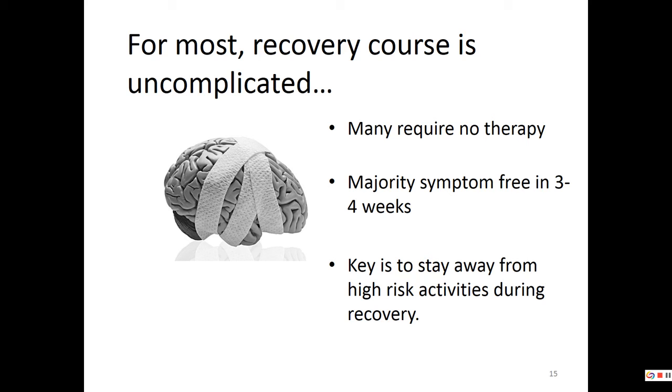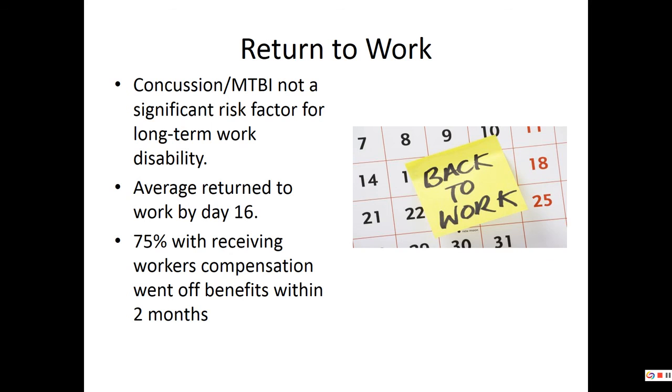And as the literature is continuing to come out, we know that there are changes and there are risks to having repetitive concussive and subconcussive blows to the head, and what that does to the brain neurologically and long-term. So returning to work, whether this injury happened at work or outside of work, how do we get these individuals back to work?